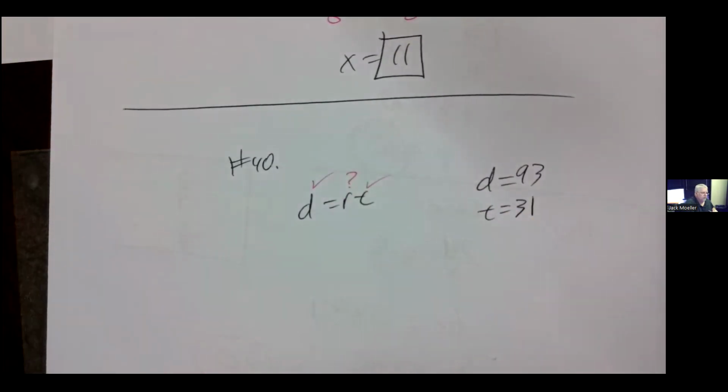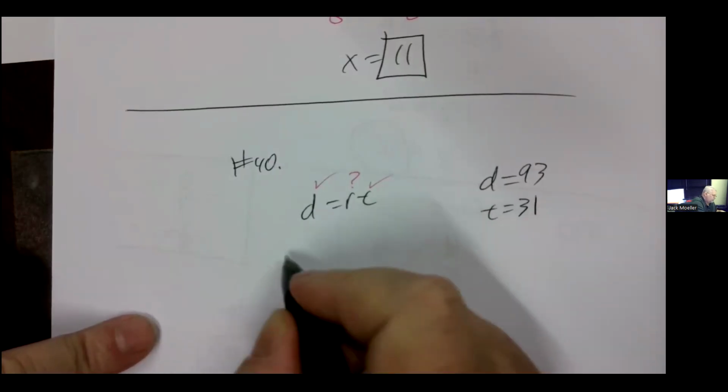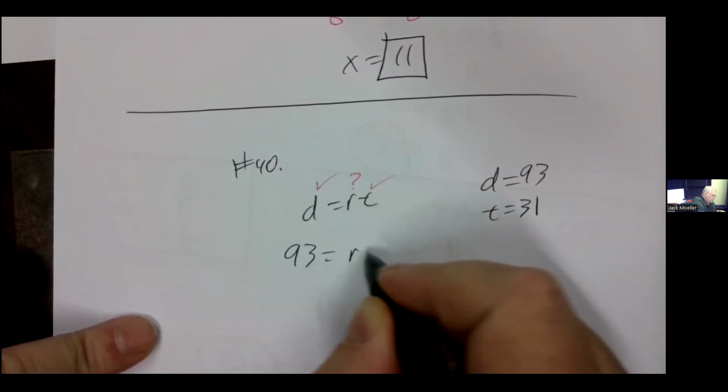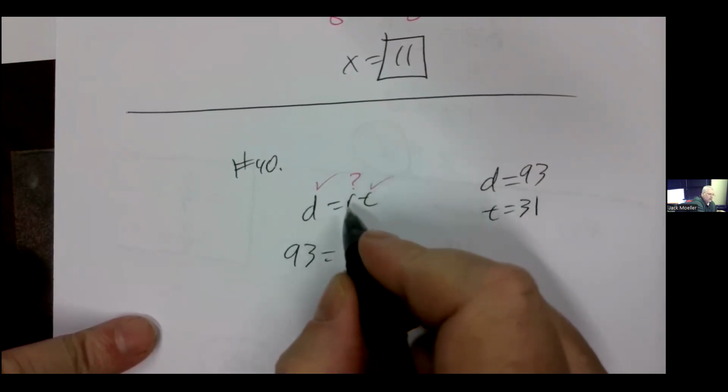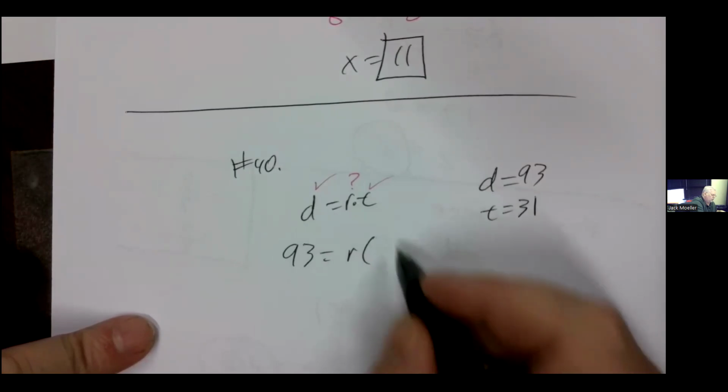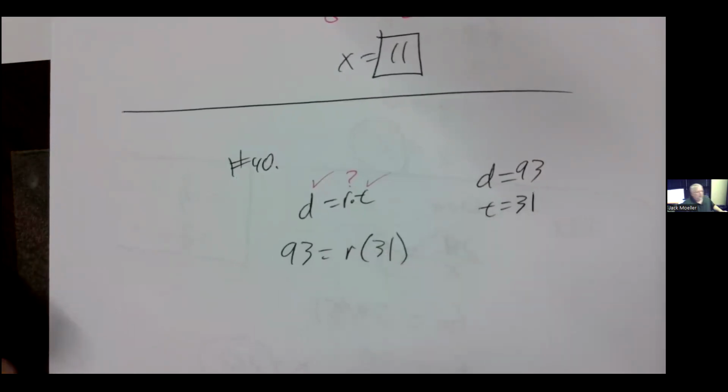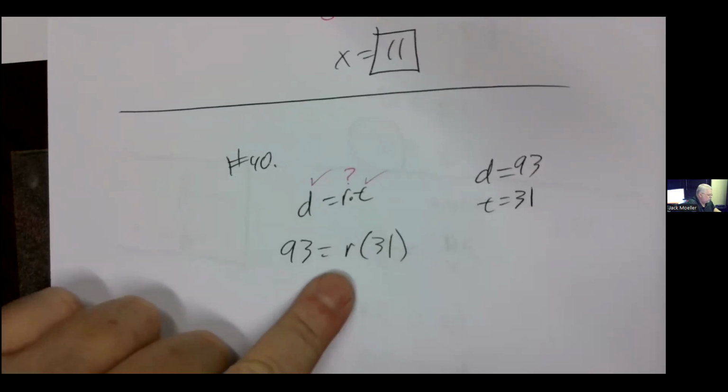So R is what we're trying to solve for. So since we have numbers given, plug those numbers in. 93 is R. Now, anytime you have variables right next to each other, remember that does mean times. So that's R times T or R times 31. And now, in this case, we actually have to solve because we want to know what is R. So we have to isolate R by itself.